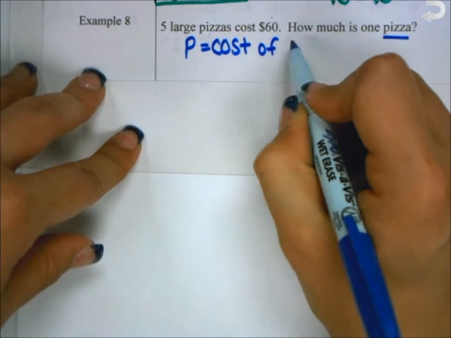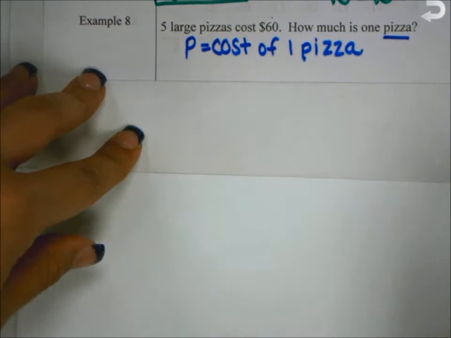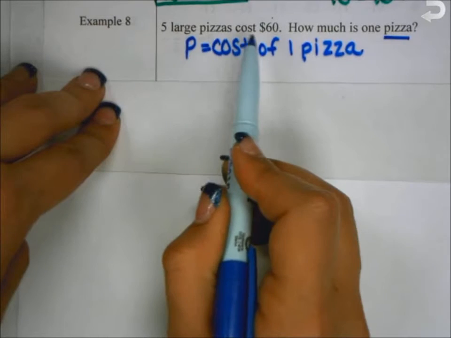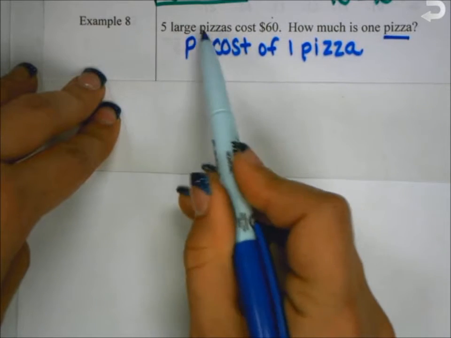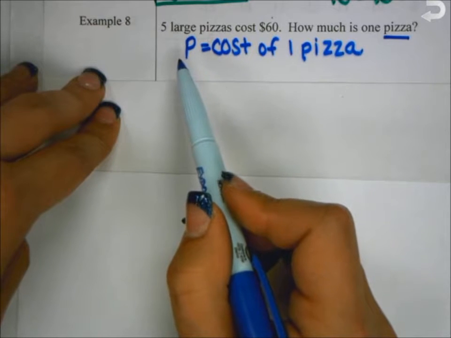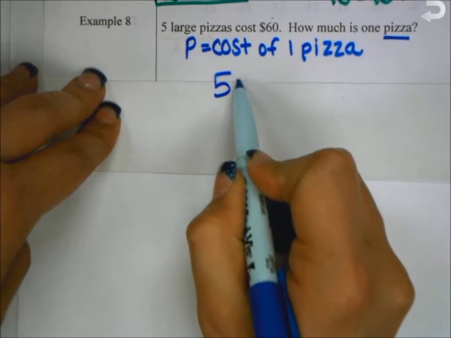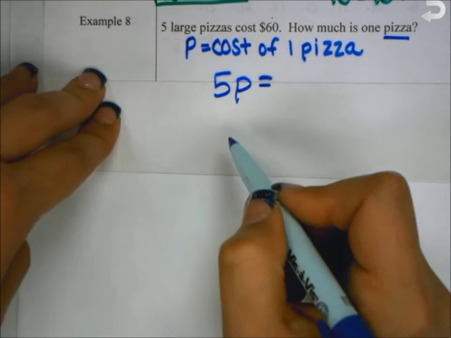So we need to write an equation for this. 5 pizzas cost $60. If the cost of one pizza is just P, how do I represent the cost of 5 pizzas? 5P. 5 times P equals, how much did it equal? $60. Okay, now we have 5 times P equals 60.